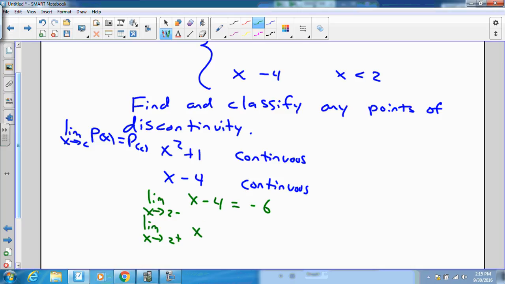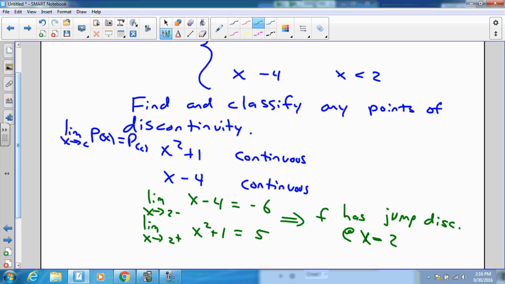And when I look at the limit from the right, I get 5. That's right. And this is enough information to conclude that f has a jump discontinuity at x equals 2. And I don't even need to worry about the value of f of 2, because I've already discovered that the limit fails to exist, therefore my function is discontinuous.